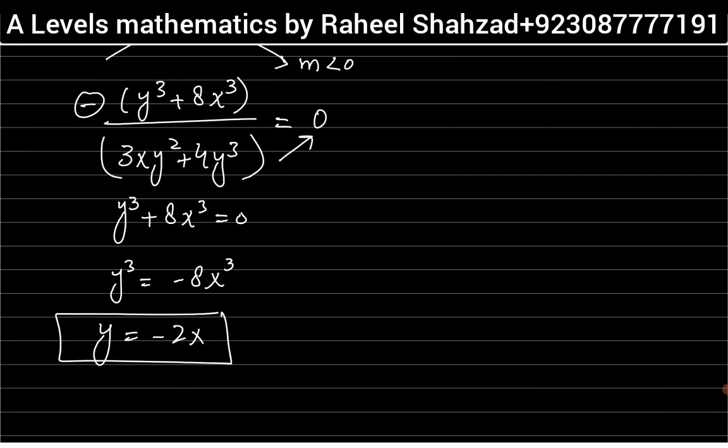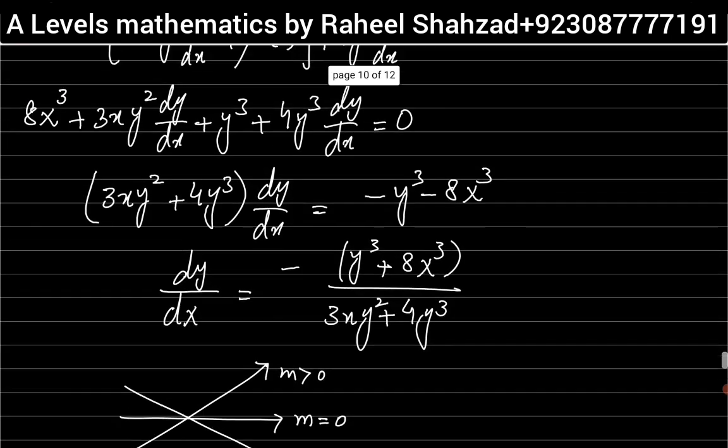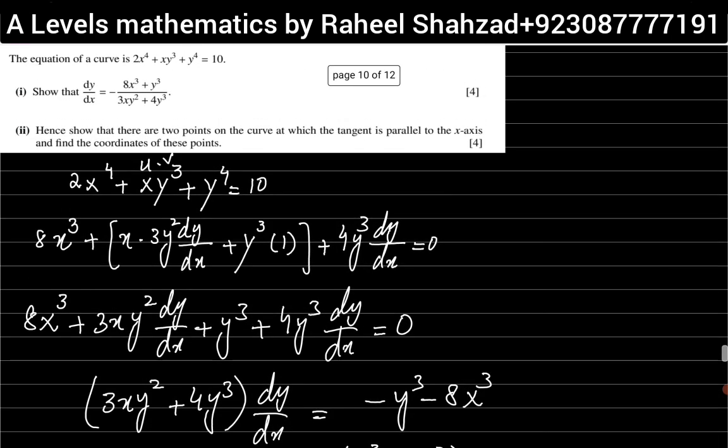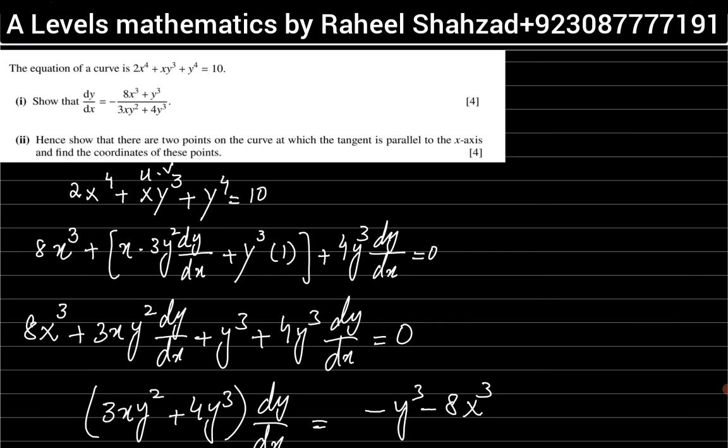So generally what we do in these situations, we go back and put this y equals −2x in the original equation. Now we put y equals −2x in the original equation. So 2x⁴ plus xy³ plus y⁴ is equal to 10.